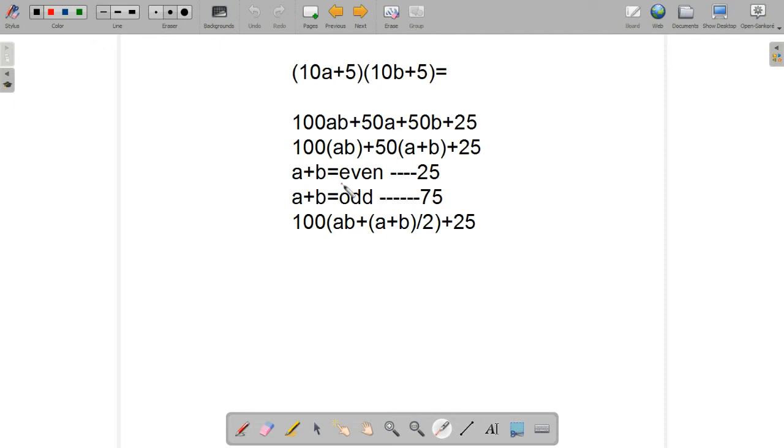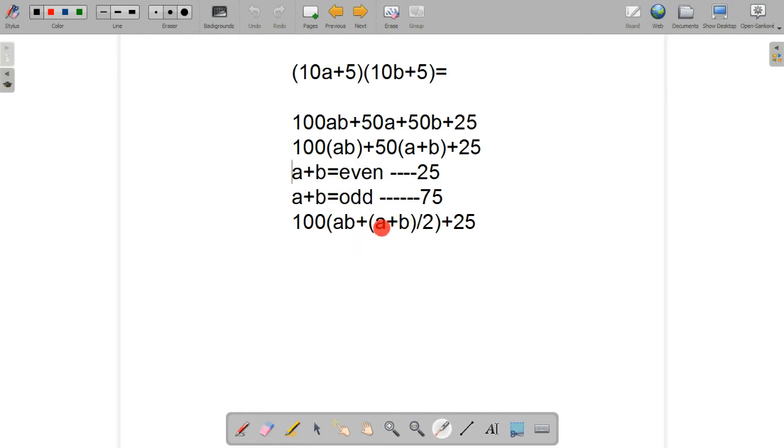So now let's factor 100. This term right here, it's going to define your first term. Why? Because ab, well, of course, that's 100, because you're multiplying all this times 100.